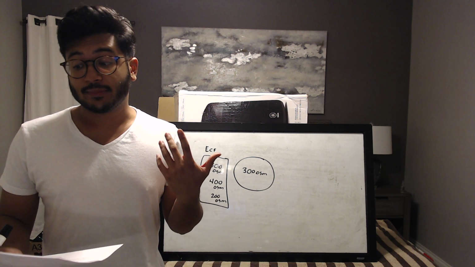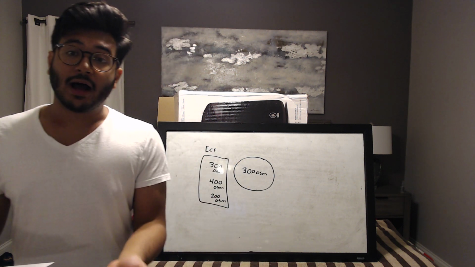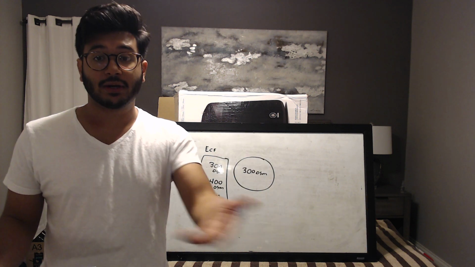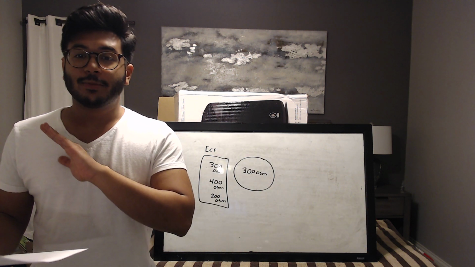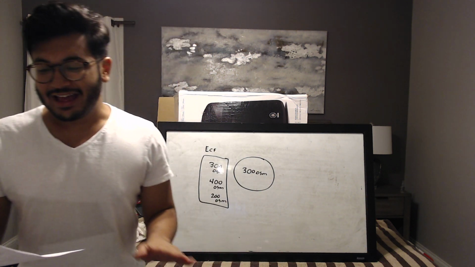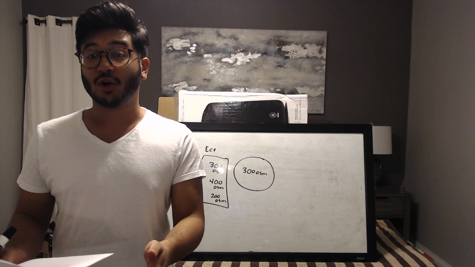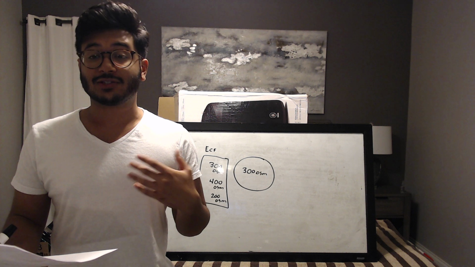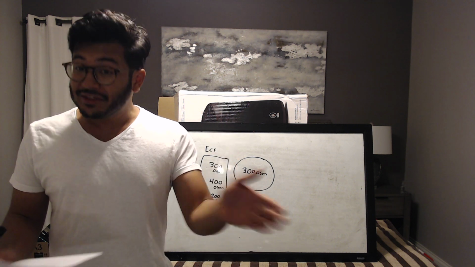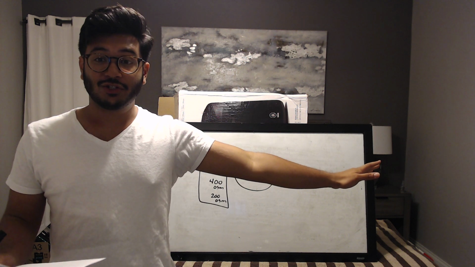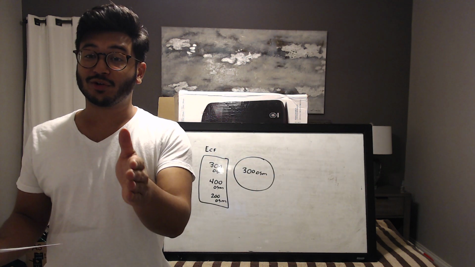But something like urea or glycerol might be permeable, so it might be able to cross the membrane and equilibrate. However, regardless of any of that, if you're given a reflection coefficient or a permeability coefficient for a certain solute on the exam, use that. Don't use your general knowledge. Use the actual coefficient that they give you.